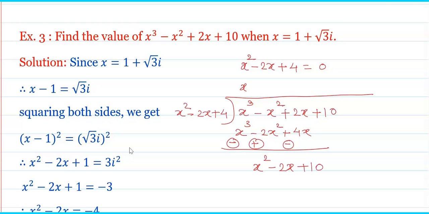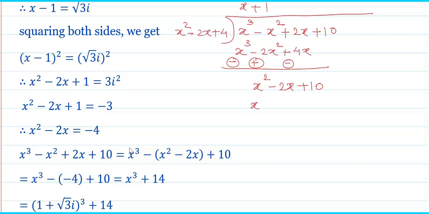Again, which term do we take? Here we have x square, so to get x square we multiply the x square by 1. Okay, we'll multiply here 1. Therefore we get x square minus 2x plus 4. 1 into x square, 1 into minus 2x is minus 2x, 1 into 4 is 4. Again, during division we change the signs: minus, plus and minus. x square minus x square gets cancelled.